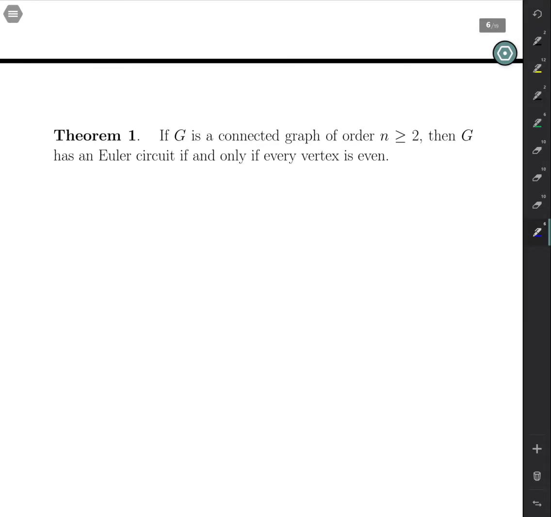connected. If G is a connected graph of order n, more than 2, then G has an Euler circuit if and only if every vertex is even. So the one direction we've kind of indicated, and I'll write it then in the proof here.